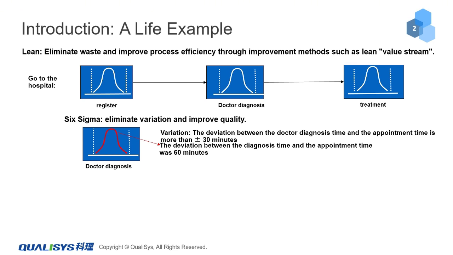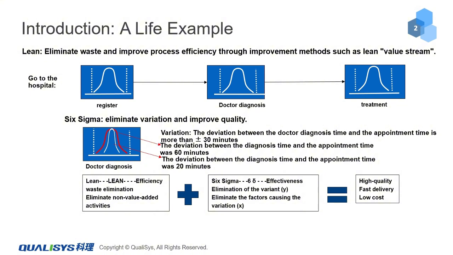And if we can reduce this variation to make the steps very, very stable, for example, every treatment takes only 50 minutes, in that case, the quality is much more stable. So in that way, we are actually improving the whole process by using two kinds of methodology.